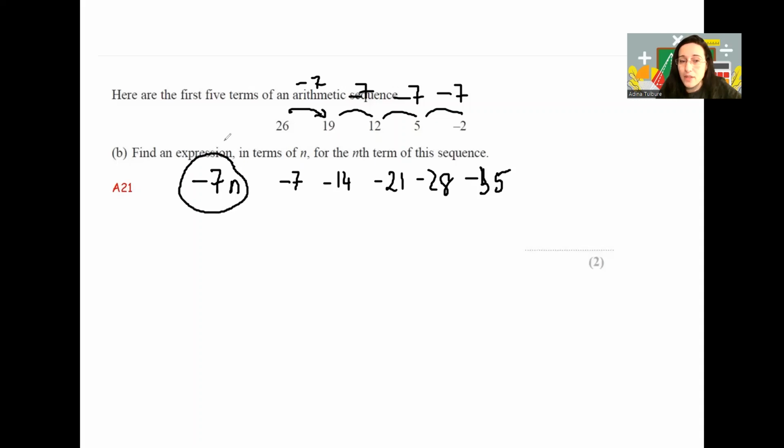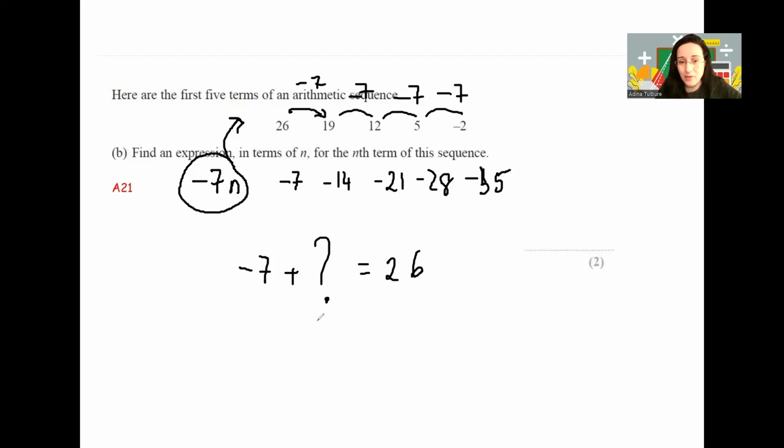How did I get from this to that? What did I add from minus 7 to 26? Minus 7 plus what equals 26? If I add 7, I get to 0. I have to add 26 more to get to 26 on the number line. So it will be 7 and 26 all together.